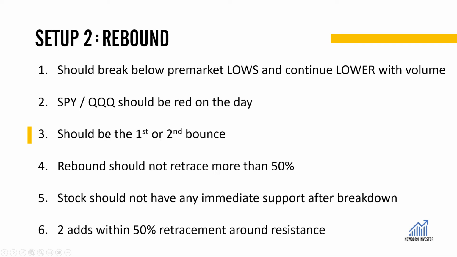So instead of the first or second pullback, here we are looking at the first or second bounce, normally within the first 1 hour of market open. Rebound should not retrace more than 50%. Stock should not have immediate support after breakdown. And here also I'll be looking to add 2 times within the 50% retracement around resistance. So these are the conditions. Now let's get into a live example, which will obviously make things more clear.